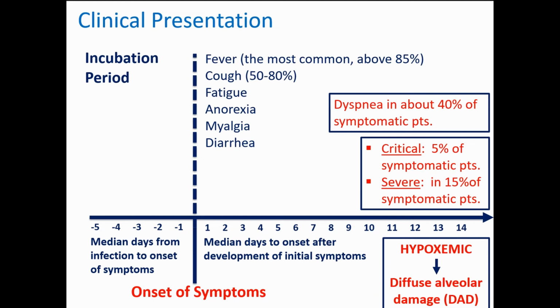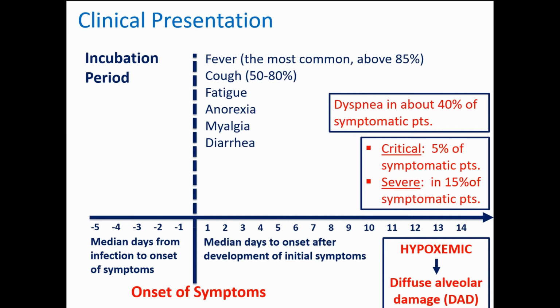As for the clinical course, this is not unknown to everybody. You're all familiar with this. The median incubation period seemed to be between 5 and 5.2 days, and could go even a little bit more. Well, I'm not going to go through the signs and symptoms, except fever and cough are the two most important and common ones.